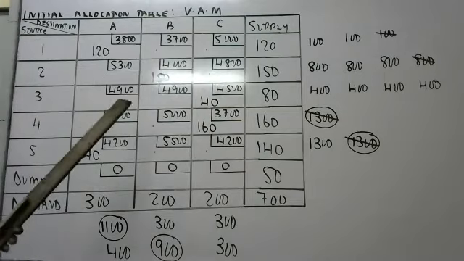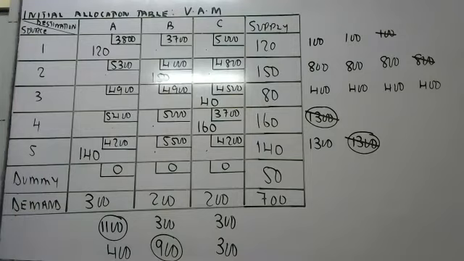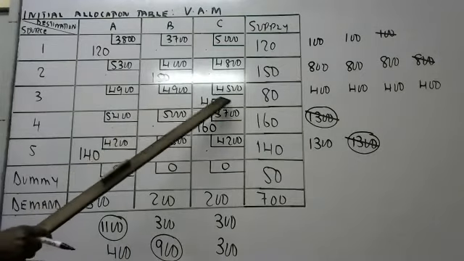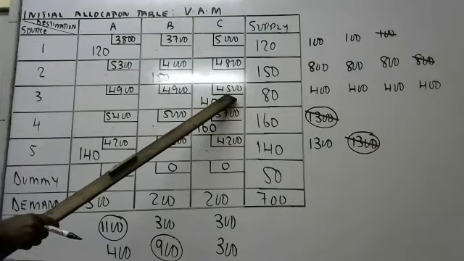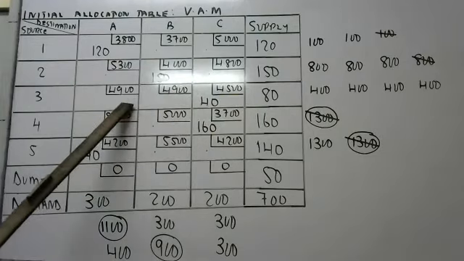Now that 40, you can either bring it here or here because it's in terms of what? Costs. Is that so? If I come here, you see now we have preferred this one because it's 45, smaller. And this one's 49.